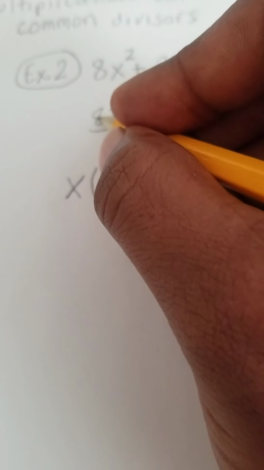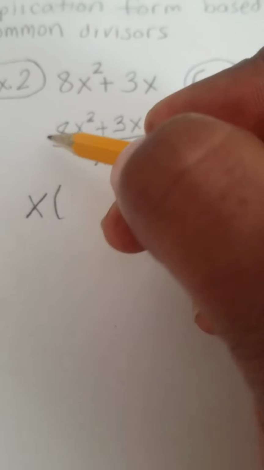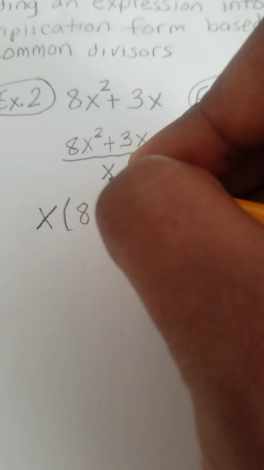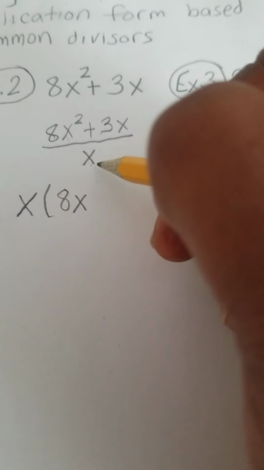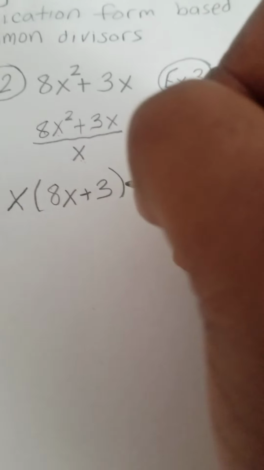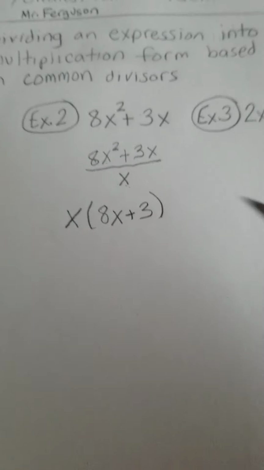That means I just have x to the first power, which is x. But this 8 here is divided by the 1 you see. So 8 divided by 1 is 8. x squared divided by x is just x. Then 3x divided by x is positive 3. And there's our factored form.